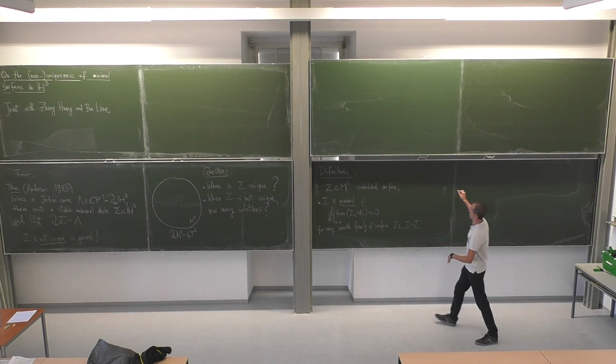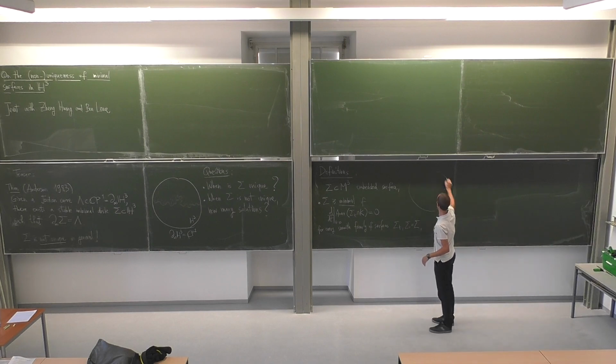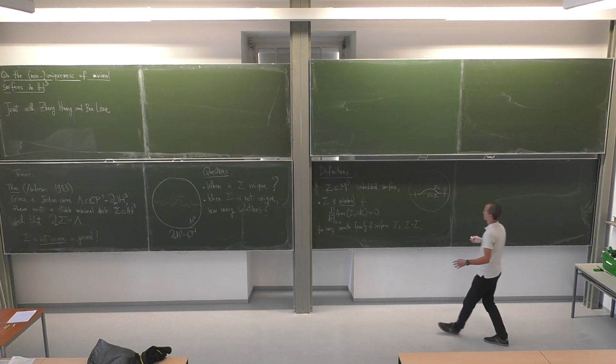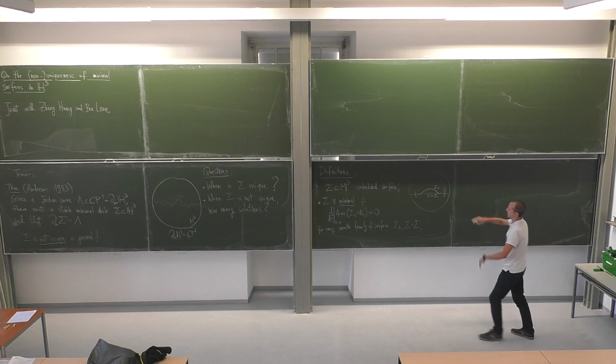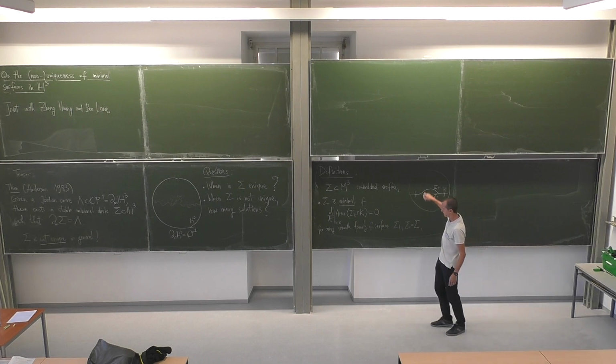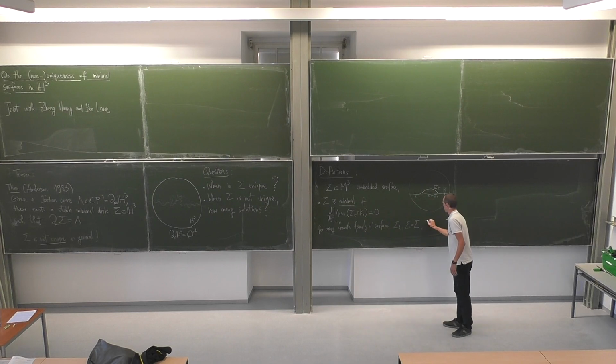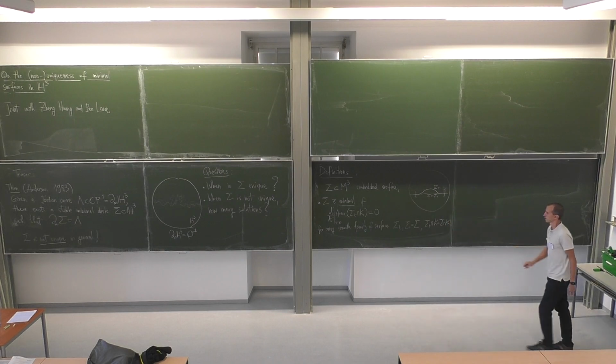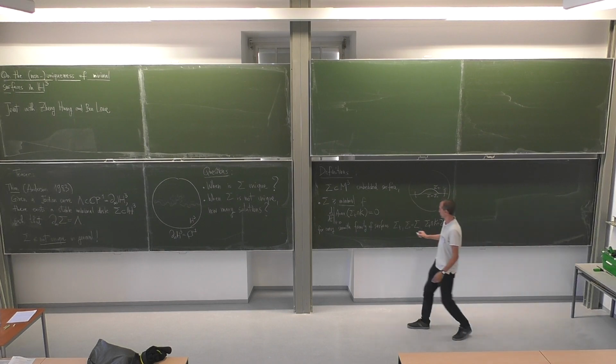And so the picture is something like this. We have a surface, and we want to say that if we vary this surface, sigma, to something which agrees outside the compact set, then the derivative of the area is 0. So sigma t intersecting K is equal to sigma intersection K, so a compactly supported variation.